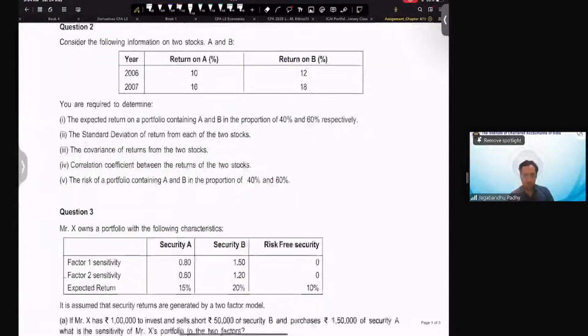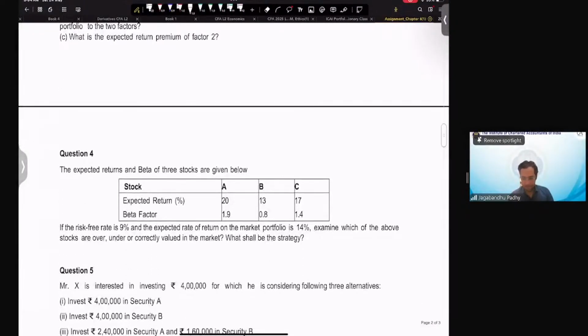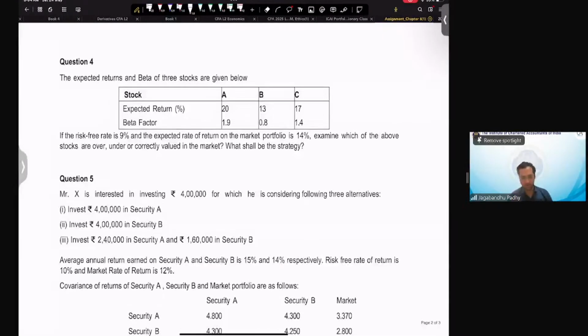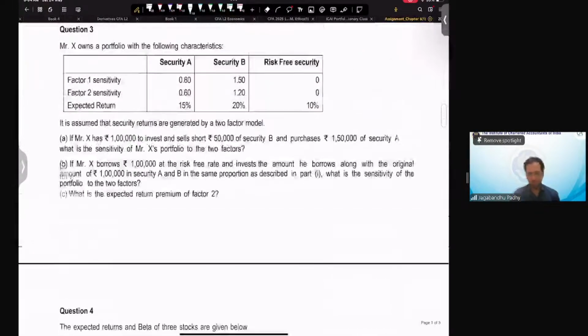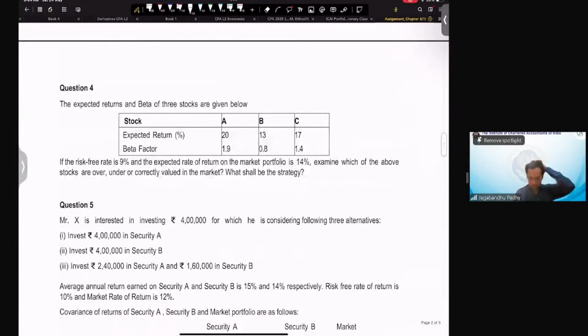Now, let us take up question number 4, guys. We'll do question 3 at a later stage because that's a factor model. Question 4 right now.